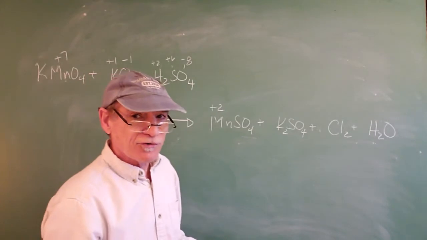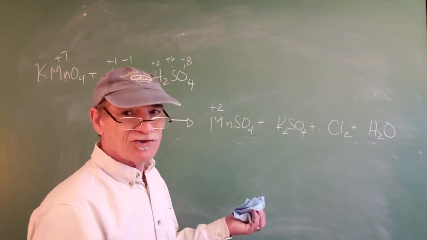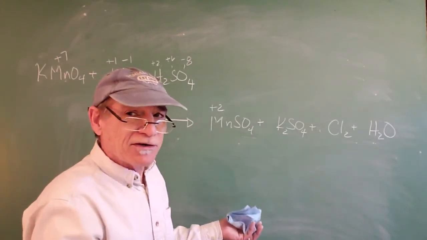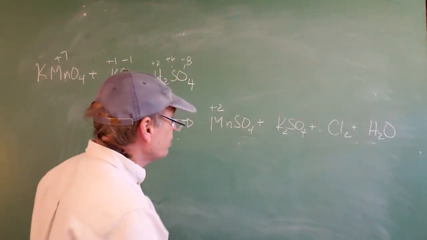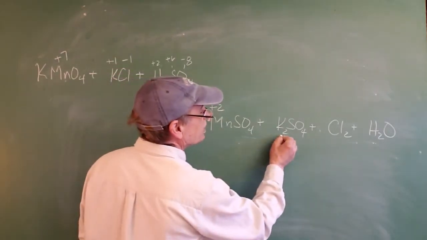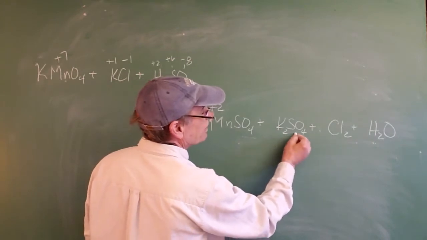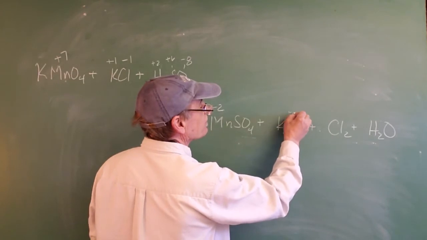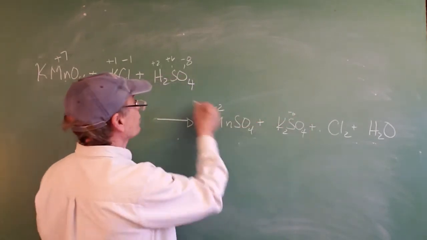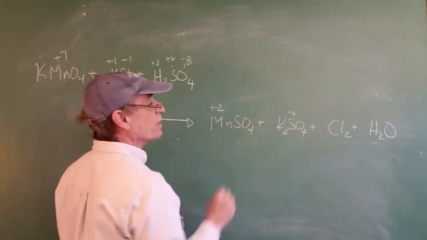As long as the sulfur didn't change in its oxidation state, then it's not a player in the underlying redox game. All right, so in that case, the potassiums here are +1 each. Again, the sulfate is a -2. That's a sulfur with a +6. So again, of no interest to us because it stayed a +6 all the way through.